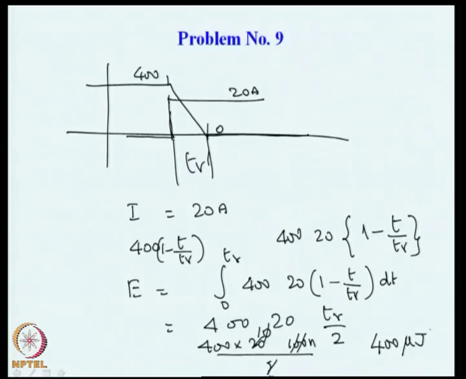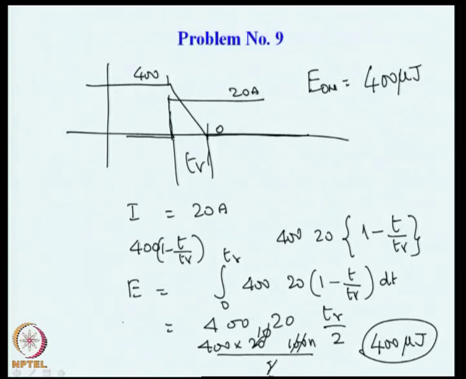So, in comparison with resistive load, inductive load results in higher loss. We saw that with resistive load this loss was 133 microjoule, but now the loss is 400 microjoule. Inductive loads result in higher loss because of the instantaneous change in current.